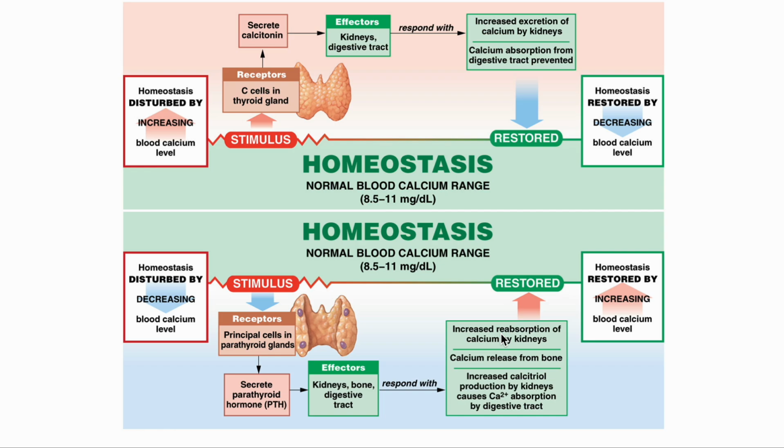So all three of these things are increasing blood calcium levels. And remember, our initial stimulus was that our blood calcium levels were too low. But now, in response to PTH, we've done all of these things to increase our blood calcium levels. And so homeostasis is restored. These are both examples of negative feedback loops that restore homeostasis when it's been disrupted.